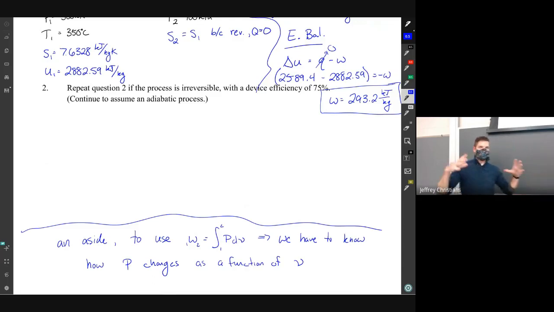So we are changing both pressure and volume. As it's expanding, our pressure is going down and our volume is going up. So we have to know how those two things are related to be able to actually do the integral. Spoiler alert, we kind of do.